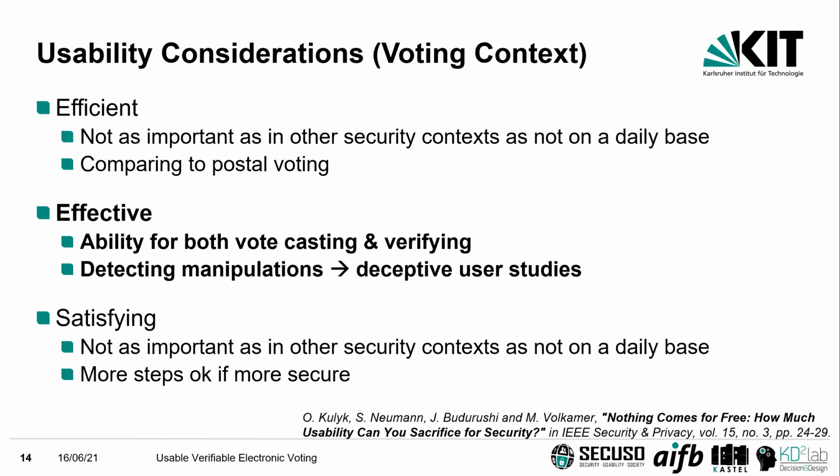So that's why we usually measure satisfaction, but our focus is on effectiveness, because if your voters are not able to cast their vote, you obviously have a problem. But from our point of view, if voters are not able to verify and are not able to detect manipulations, we have a much bigger problem.